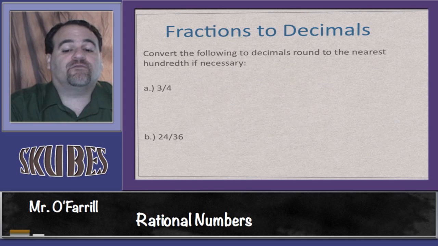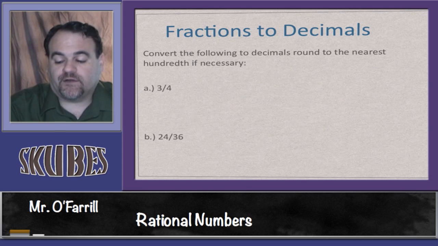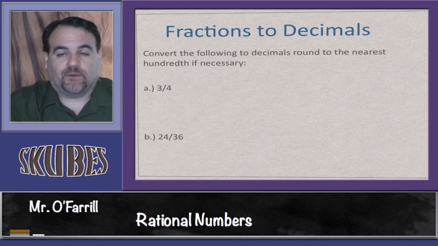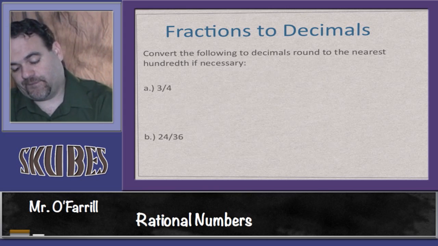So let's go ahead and do some conversions. We're going to convert each of the following to a decimal. So 3/4. We want to change it into a decimal. So we're going to do the number 3 divided by 4.